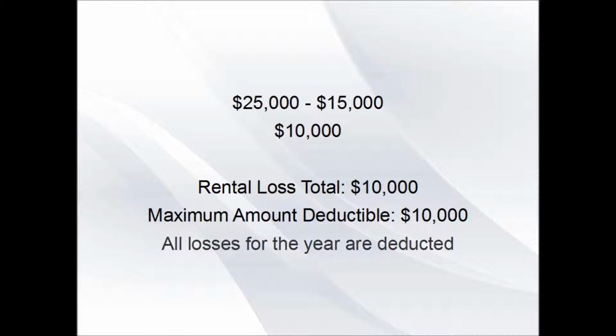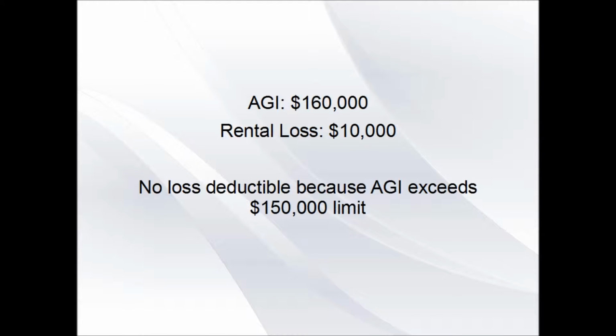So fortunately, they would be able to deduct all of their loss under these circumstances. In another scenario, if the owner's AGI was calculated at something more like $160,000 and their loss stayed the same at $10,000, none of the rental losses would be able to be deducted because their AGI exceeds that limit of $150,000.